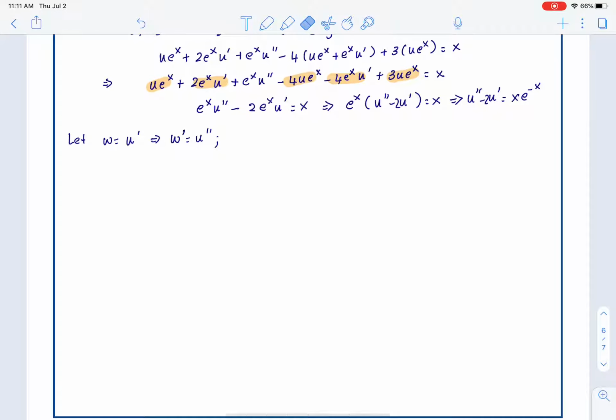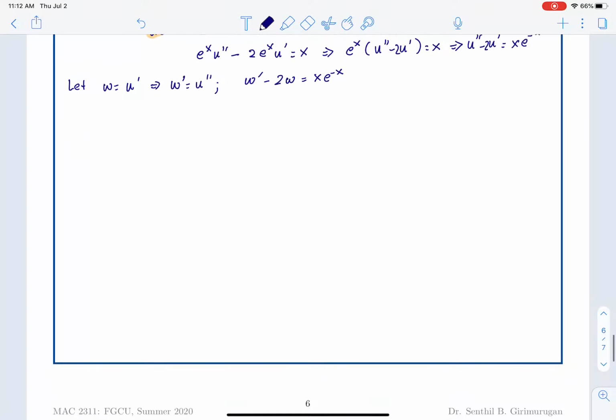I could rewrite the equation as w prime minus 2w equals x e raised negative x. Unfortunately, this is not a separable equation, so we've got to use an integrating factor to find the solution.